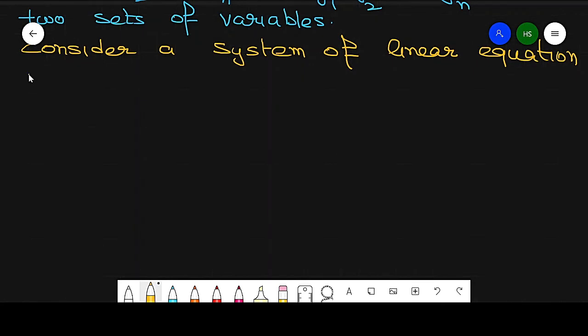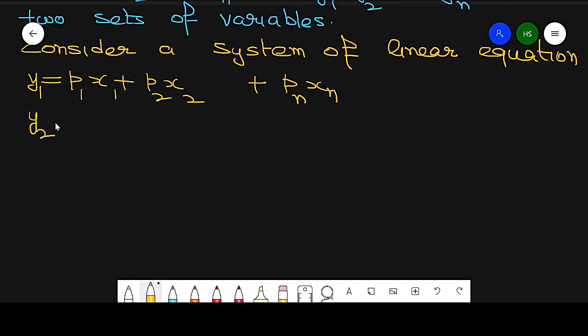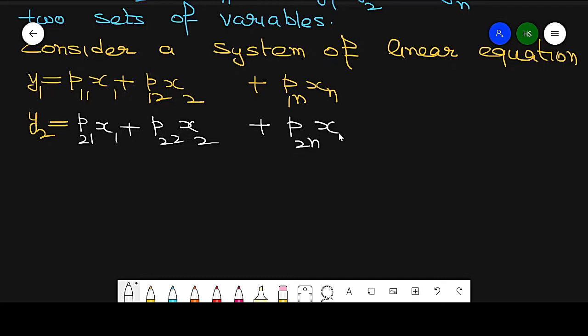First y1 is equal to p11 x1 plus p12 x2 plus up to p1n xn, and second is y2, which is p21 x1 plus p22 x2 plus up to p2n xn.